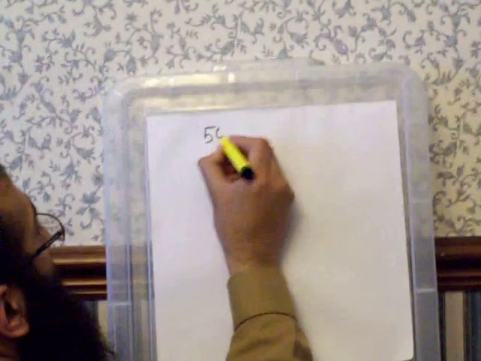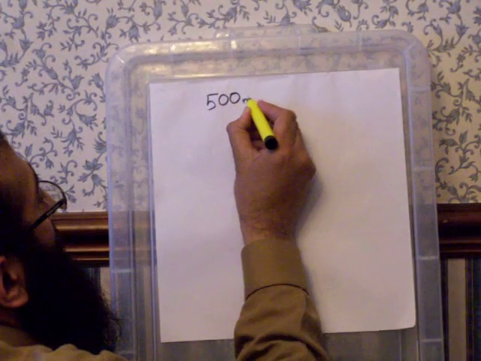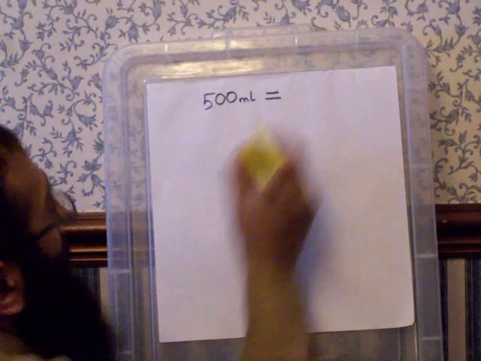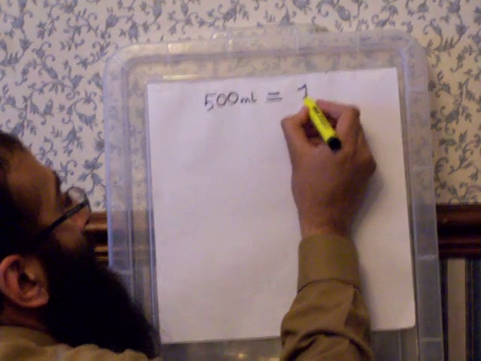Okay, right. Here comes our next question. That one we started out with a half. Okay, let's start with now 500. So we have 500 milliliters cost us 16p.